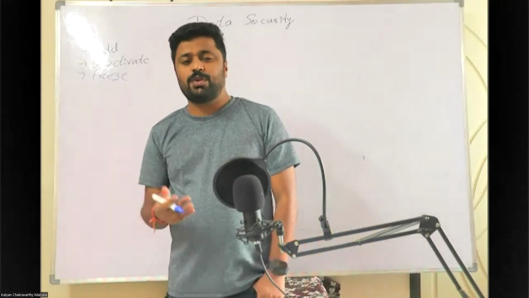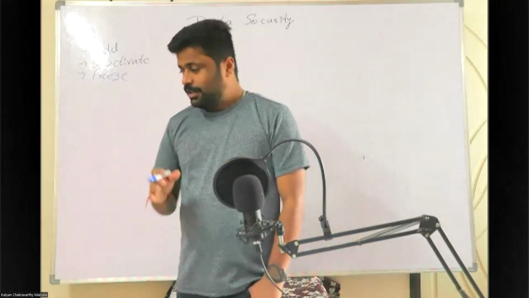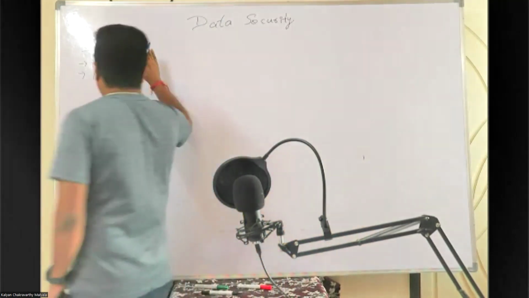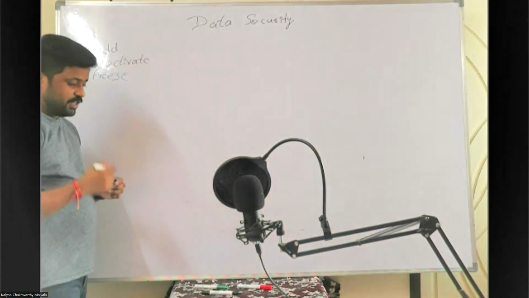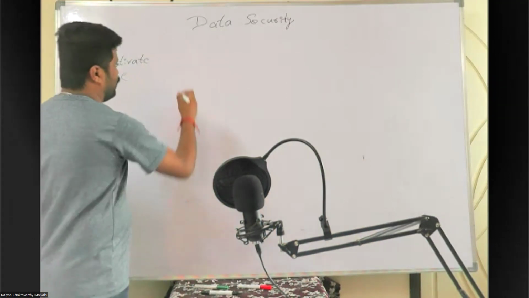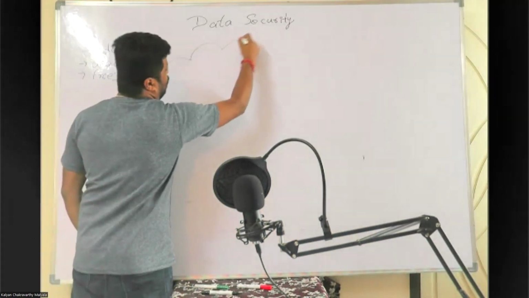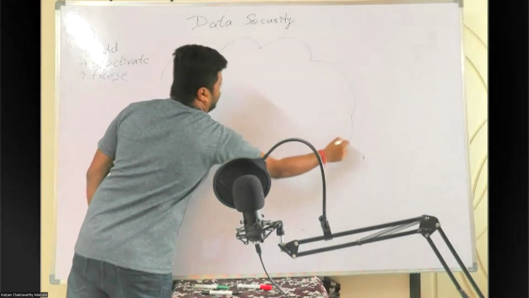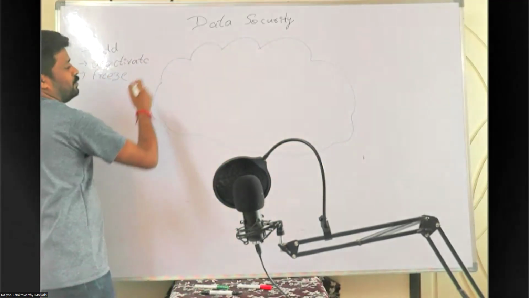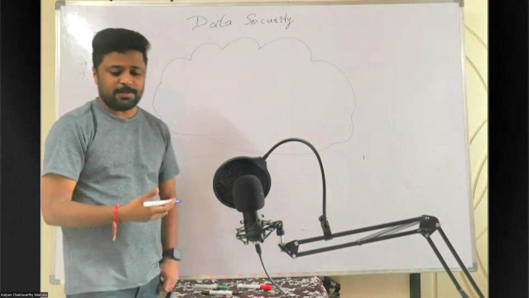So now what we are going to do is, once we have added the user, where are we going to add the user? If you take our cloud Salesforce organization, this is our Salesforce organization.